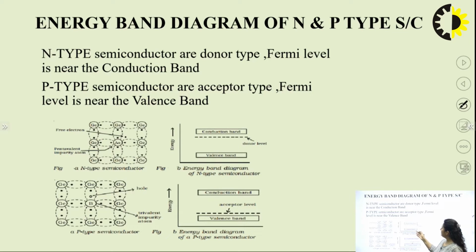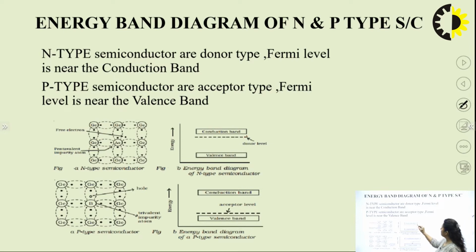You can see from the diagram that the valence band and conduction band energies are on the y-axis. The donor level is just below the conduction band in the N type semiconductor, because the Fermi level shifts upward towards the conduction band. In figure B, we have the energy band diagram where the Fermi level shifts downwards towards the valence band, just above the valence band.